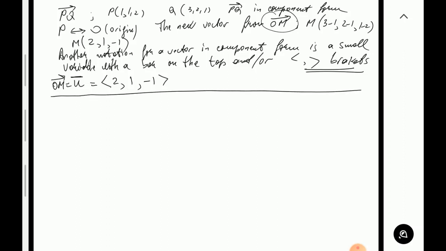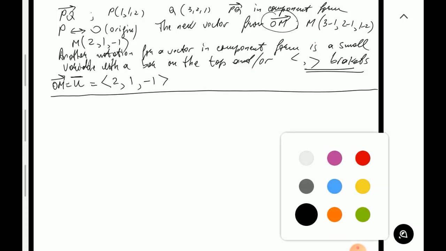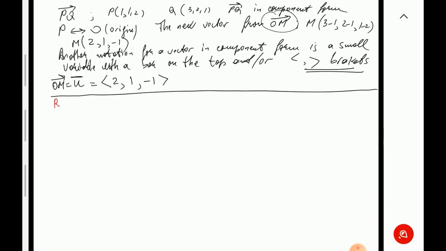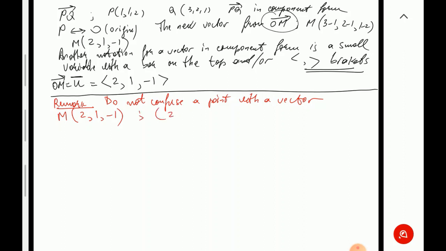Just to keep in mind, to avoid any confusion of notation, let me put this as another remark: do not confuse a point with a vector. If I want to refer to the actual terminal point, then that's specified by parentheses, like you specify any point: (2, 1, -1). In general, round parentheses around some coordinates denote a point.